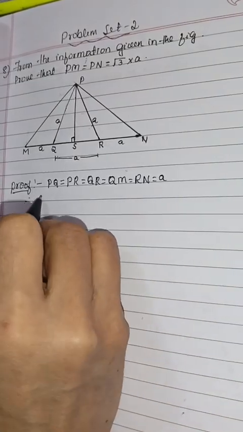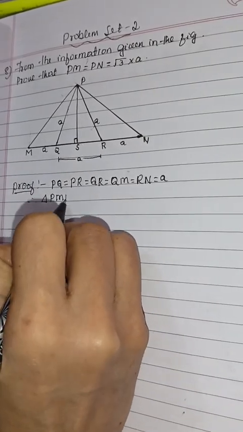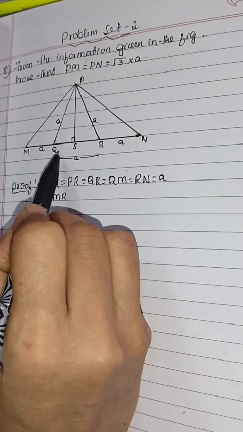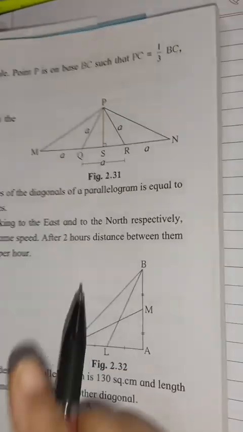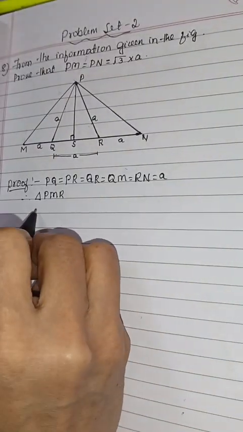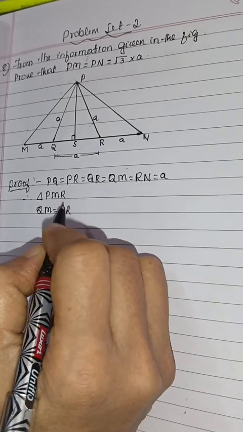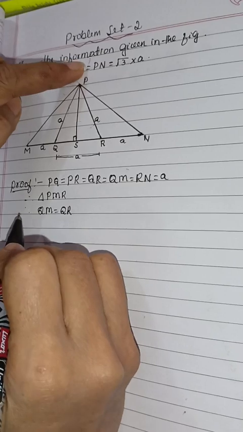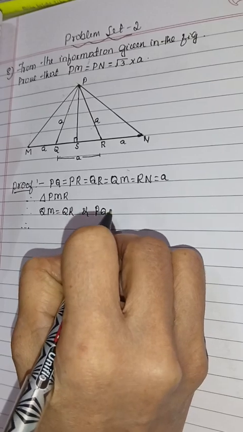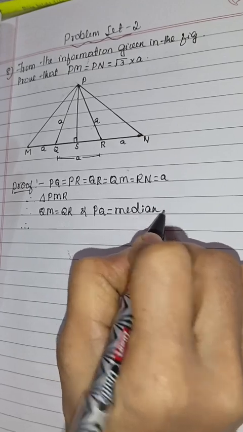Therefore in triangle PMR, QM equals QR, and PQ is the median.